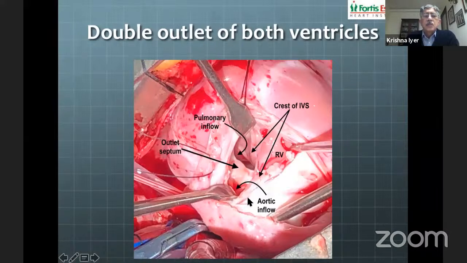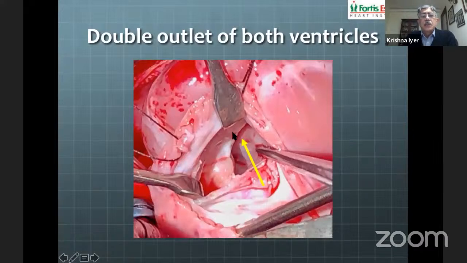The interventricular septum extends from the proximal end near the tricuspid valve and goes all the way to the base of the pulmonary valve there. And the outlet septum extends from the free wall of the right ventricle anteriorly and goes on to the free wall of the left ventricle posteriorly.